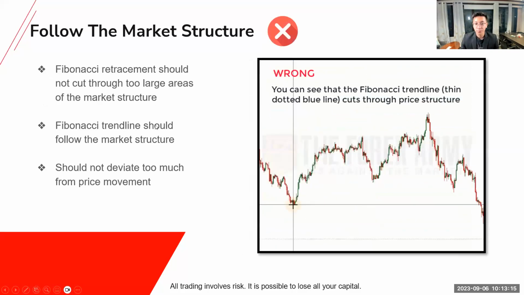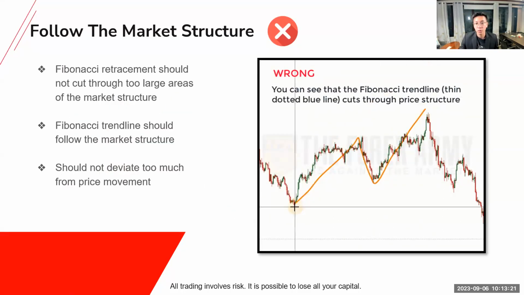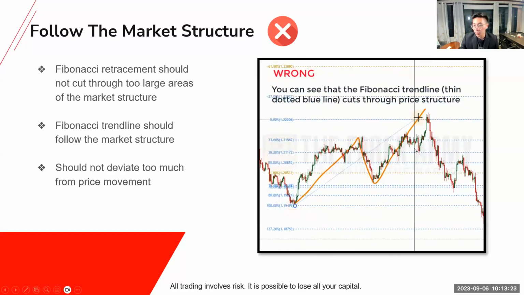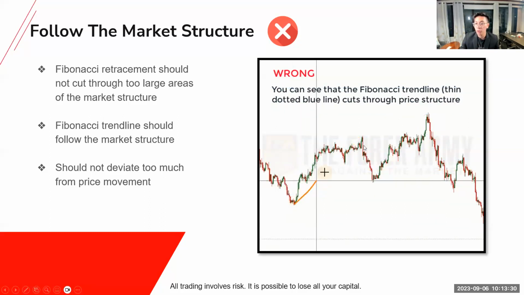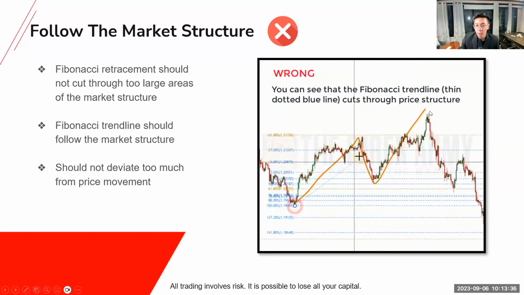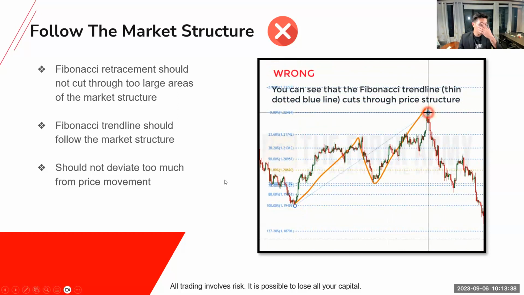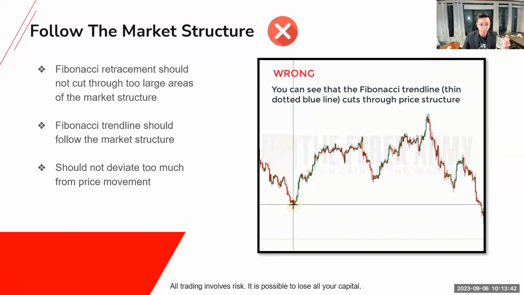This is something that is wrong, in a sense that a fib retracement should not cut through two large areas of the market structure. You can see right here it cuts through this whole downward movement, right? So you shouldn't draw from this low to this high. If you want to draw it, you can draw it from this low to this high, because when you are drawing fibs, it should not deviate too much from price movement.